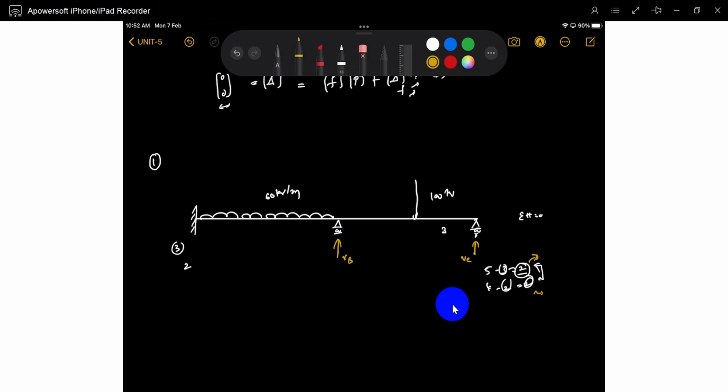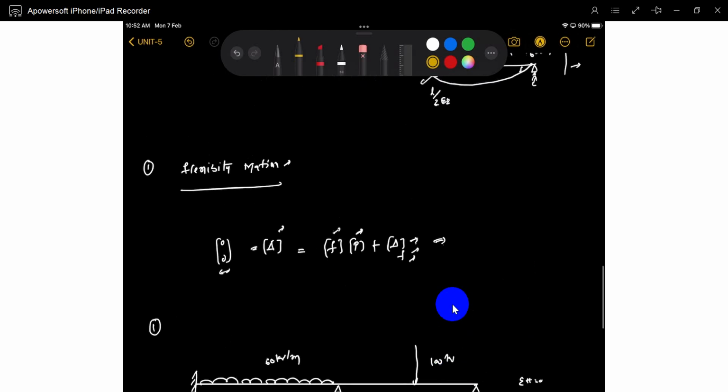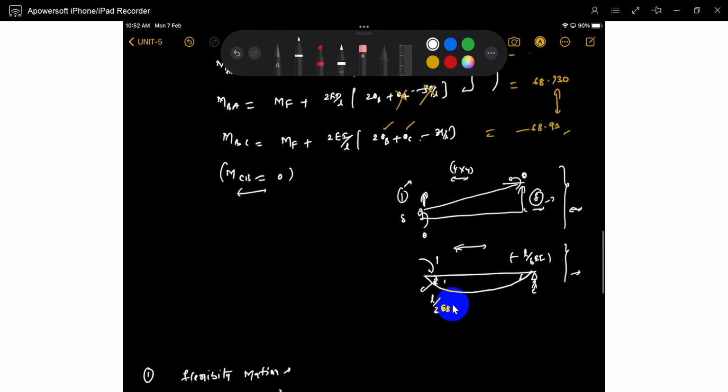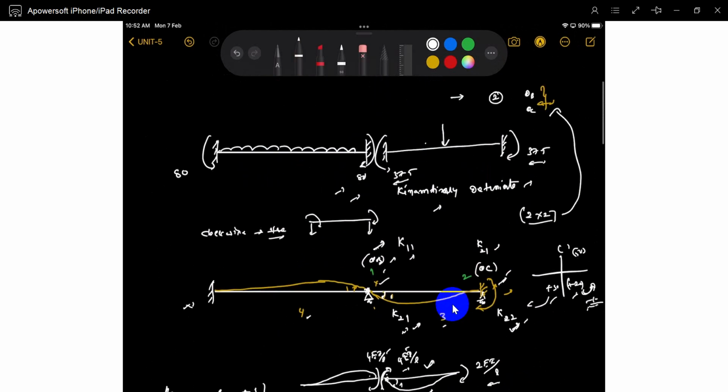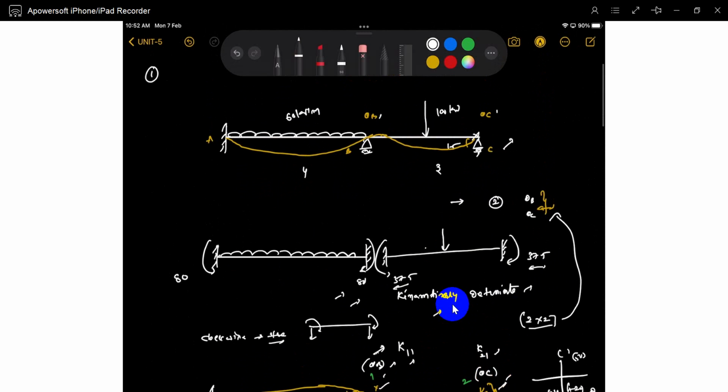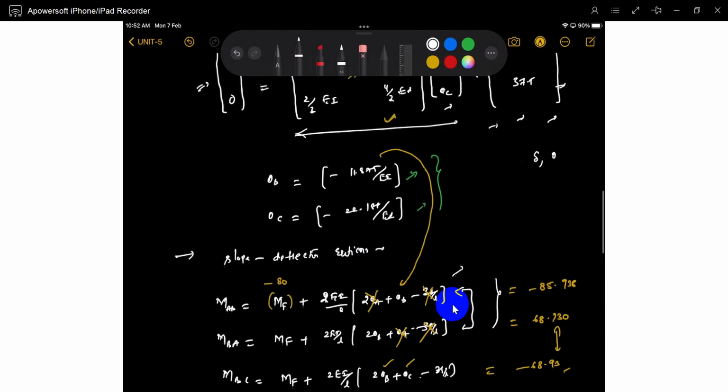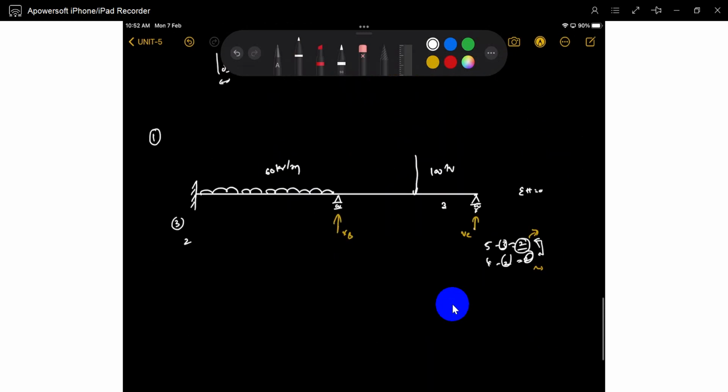So what are those two? Previously, if you took degrees of freedom, you directly said it's 2 degrees of freedom: theta B and theta C. There is no other choice. But here a choice is there, because extra 2 equations will come from the universal equilibrium equations.